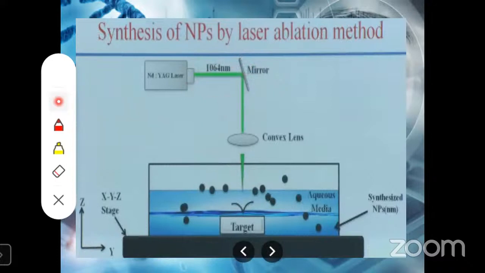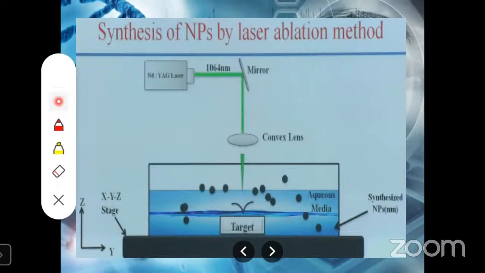If you want silver nanoparticles, you use a silver metal, and if you want copper, you will have a copper slice. When you apply this laser light, the material will be vaporized, and the nanoparticles can be obtained in colloidal solution form.